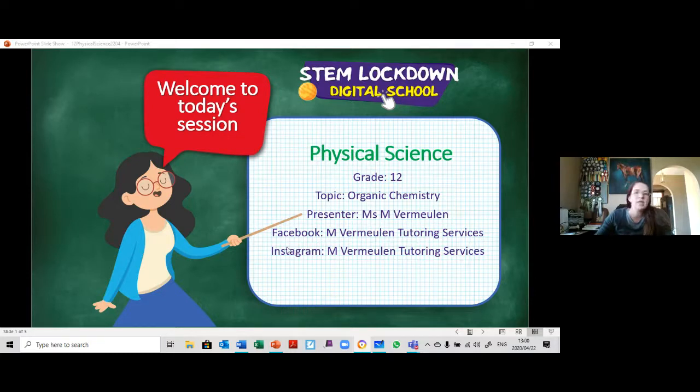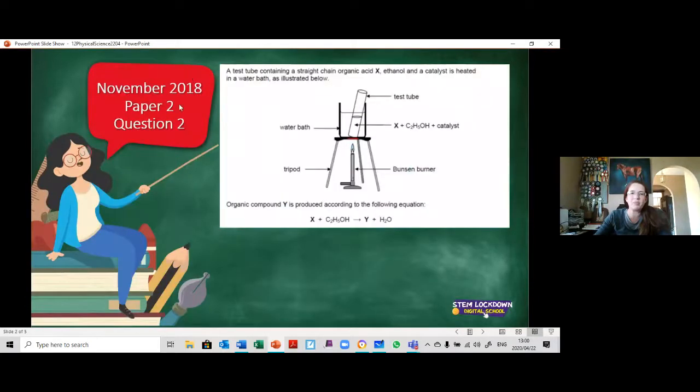Let's start with this question paper. Like I said, November 2018, paper 2, question 2. We get a test tube and it's got a straight chain organic acid, ethanol, and a catalyst. Now guys, this one is one that you should have done at school.